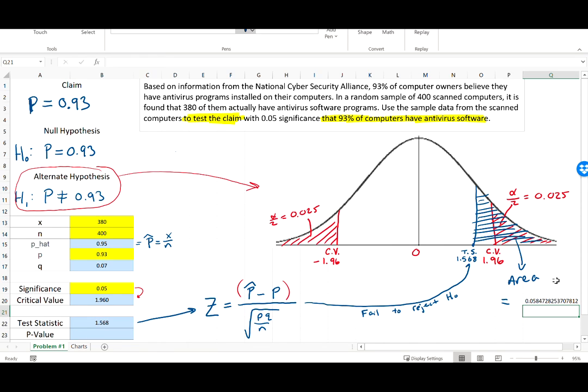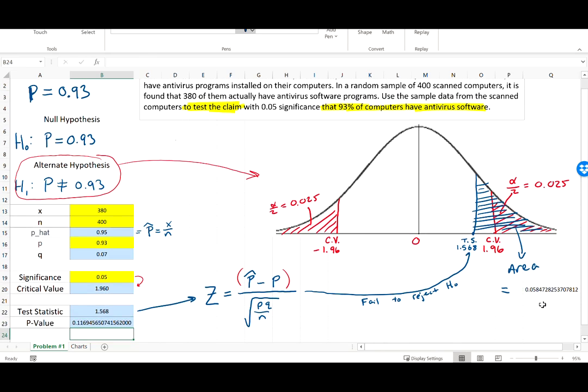Okay, so that is the area outside the test statistic, and for the p-value we have to double that. So over here under p-value we'll say equal 2 times this number. The p-value for this particular problem is greater than the significance.